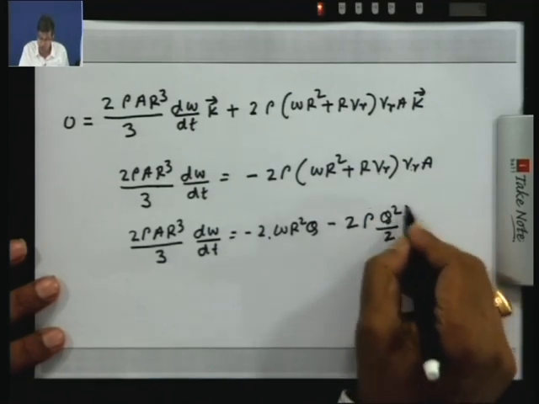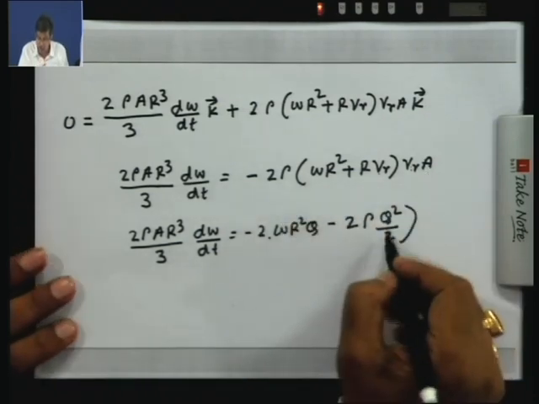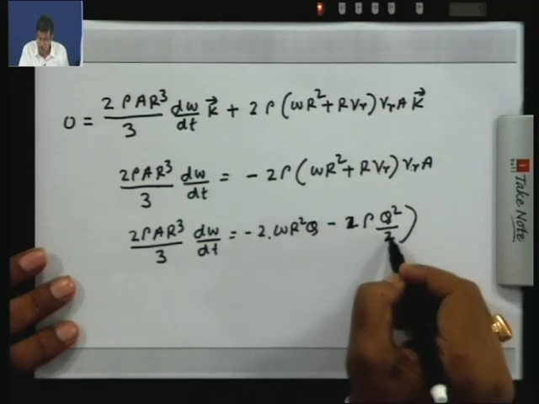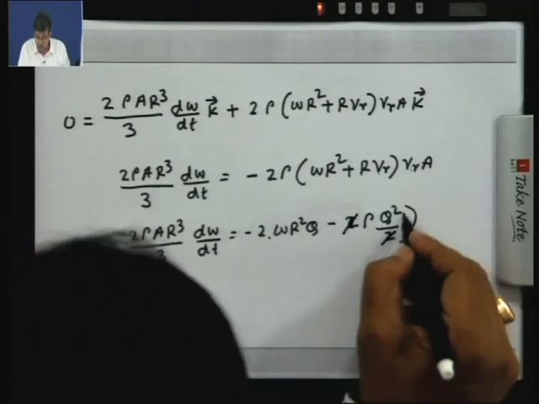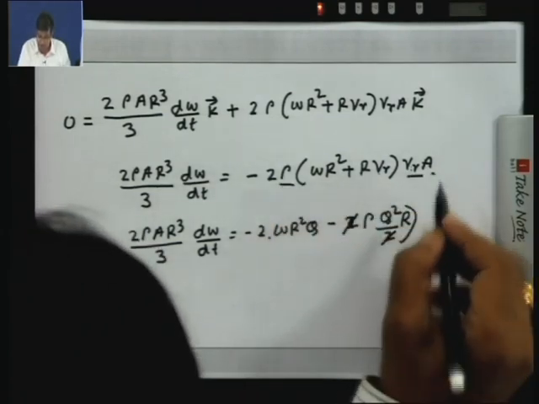Or we can simply write it as Q, 2 Vr A is Q. So Q square, no 2, 2 cancels. So rho Q square into R. Am I correct? Rho Vr A is Q.